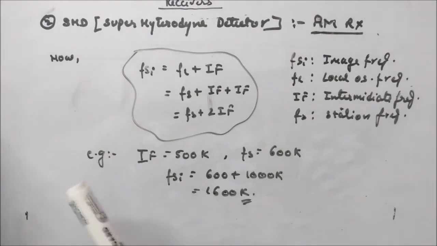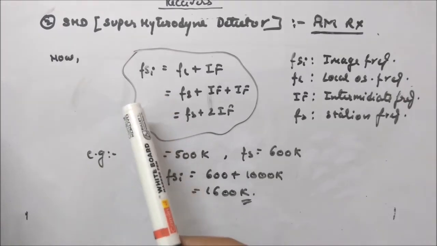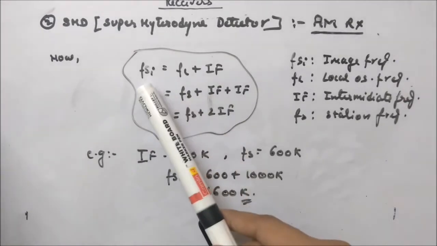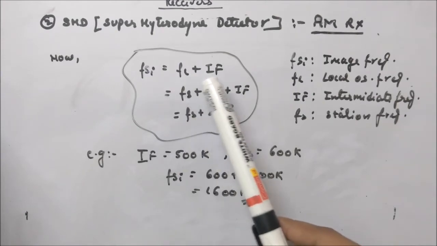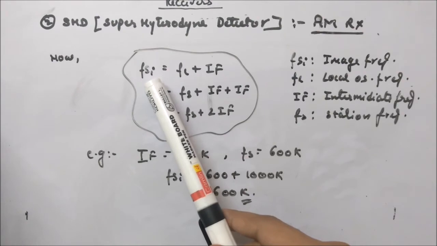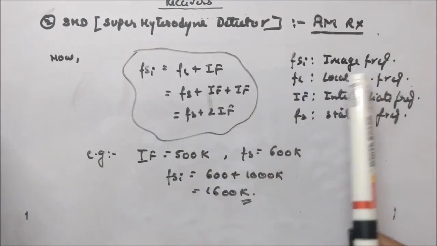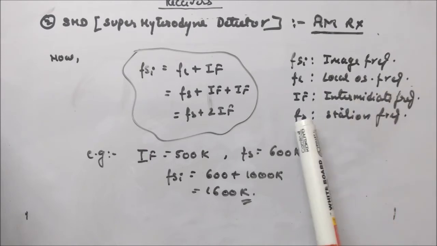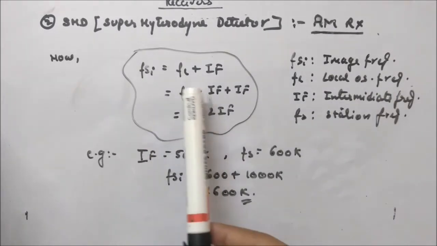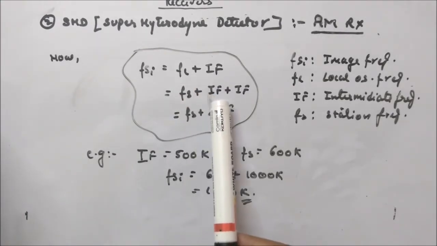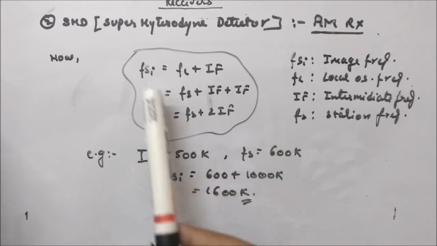Now you can calculate the value of image frequency mathematically by these expressions. FSI is equal to FL plus IF. This is one way of calculating image frequency, where FSI is the image frequency, FL is the local oscillator frequency, and IF is the intermediate frequency. If you put the value of FL, that is FS plus IF, you will get FS plus 2IF for FSI.